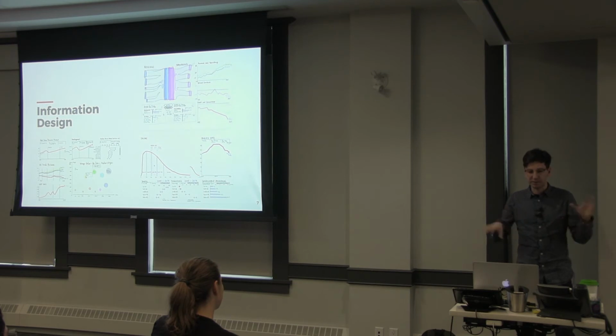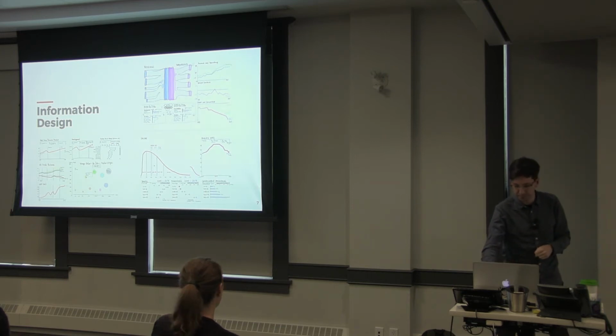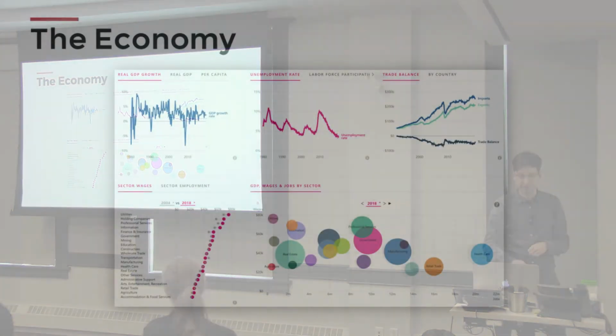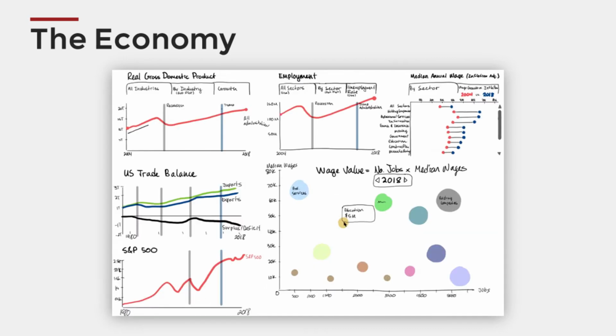So I was just going to walk you through where we arrived for these three topics, because I think they turned out really great. The first one is the economy, and it ended like this, but started like this.